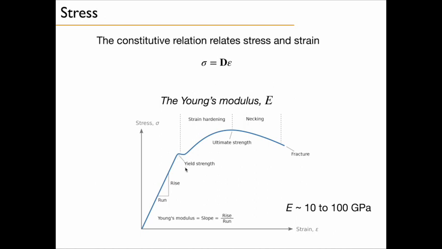The Young's modulus is the slope of the stress-strain curve. So this is unit stress, Pascal. This is no unit strain. So the slope here has unit Pascal. This is the order of magnitude of Young's modulus for rocks. It's about 10 to 100 gigapascal. So that's a big number.